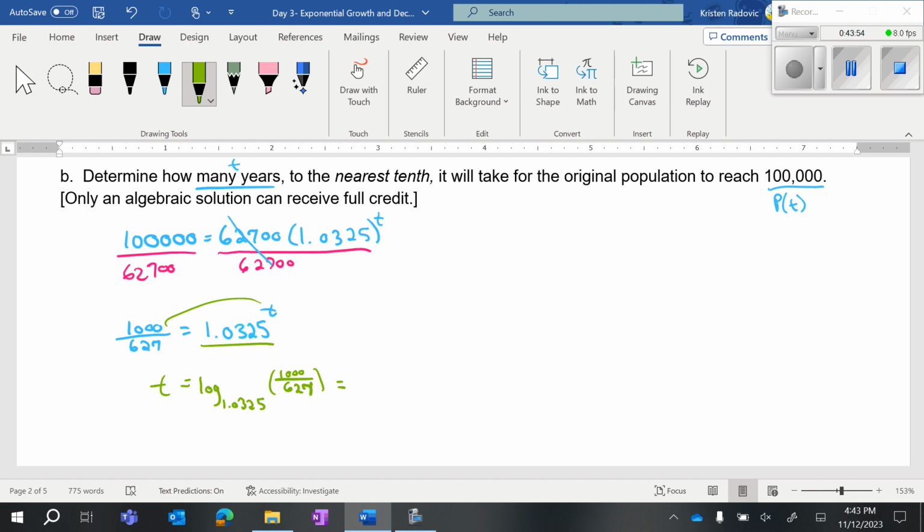Alpha, window, choice 5, you have log base 1.0325 of 1,000 over 627. Your calculator tells you this is 4.59550602. They asked you to round to the nearest tenth. So if you round to the nearest tenth, that would be rounding up to 4.6.